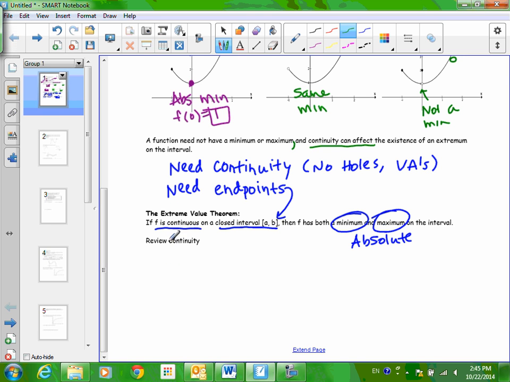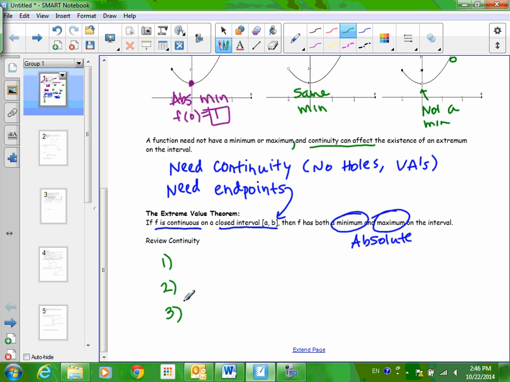Okay, because continuity has to be where we begin. If a function's not continuous, then I can't even use extreme value theorem. So if I'm thinking of the definition of continuity, there were 3 things to that theorem. And this, again, you have a theorem write-up on definition of continuity. I had you guys do these cards for a reason so that you could have them to go back and look at.